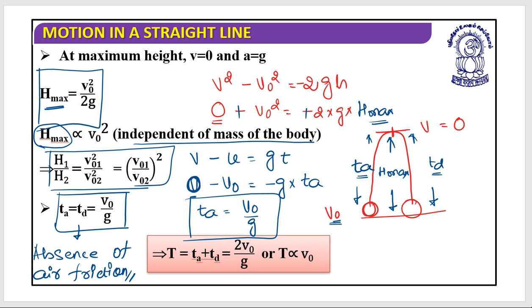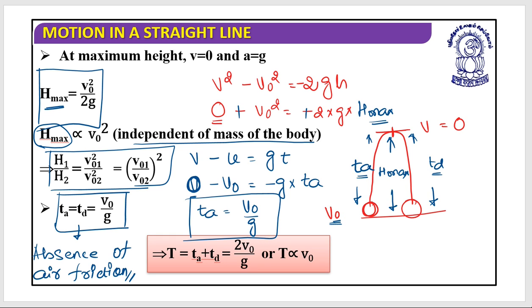So what would be the situation when the examiner wants you to consider air friction? They will specifically mention that please consider air friction. If they have not mentioned anything, it means by default we are ignoring, I repeat, we are ignoring the effect of air friction.